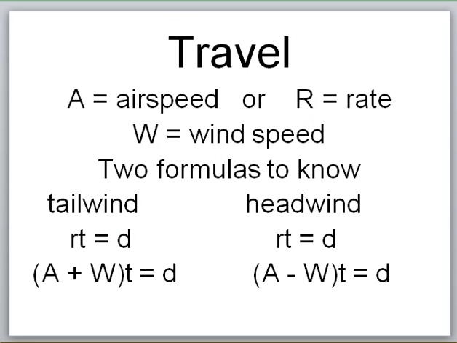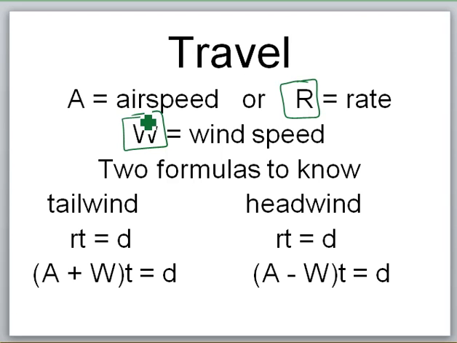When you're traveling, there's an airspeed or rate, and these are the types of abbreviations I'm going to use. I'm going to use R for how fast the airplane's going, and then I'll use W for the wind speed. I'll use C for current, when we're talking about traveling up a river and that kind of thing.